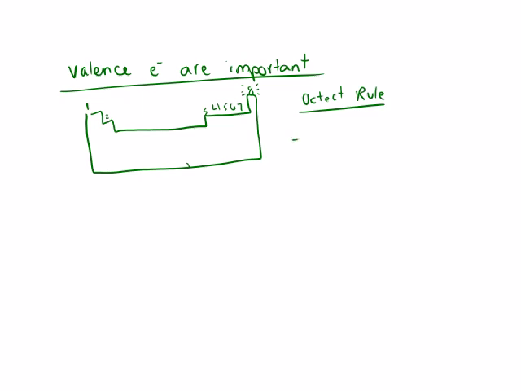We do have exceptions. Hydrogen and helium are very, very small, so they are happy with 2 valence electrons. But you should know helium's a noble gas, so it already is happy as it is, because it already has 2 valence electrons. So this should be a complete review for you.